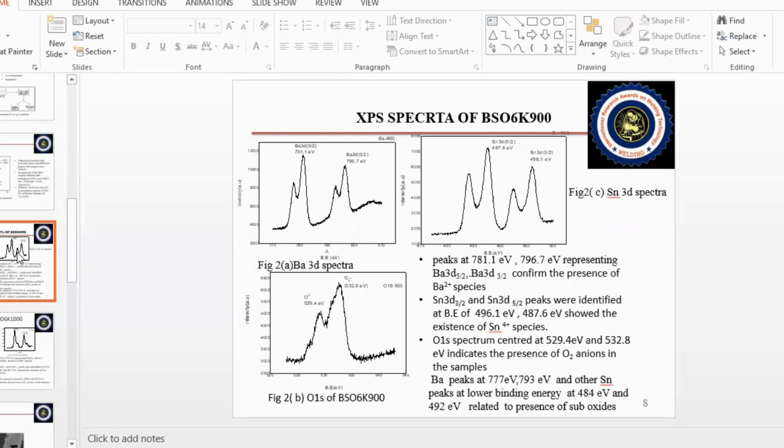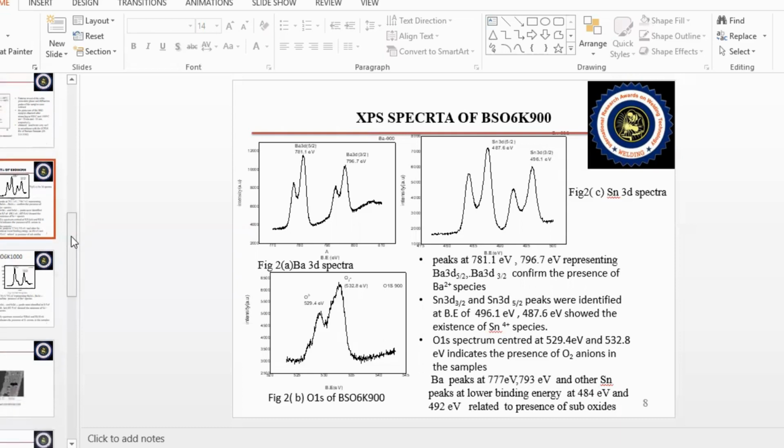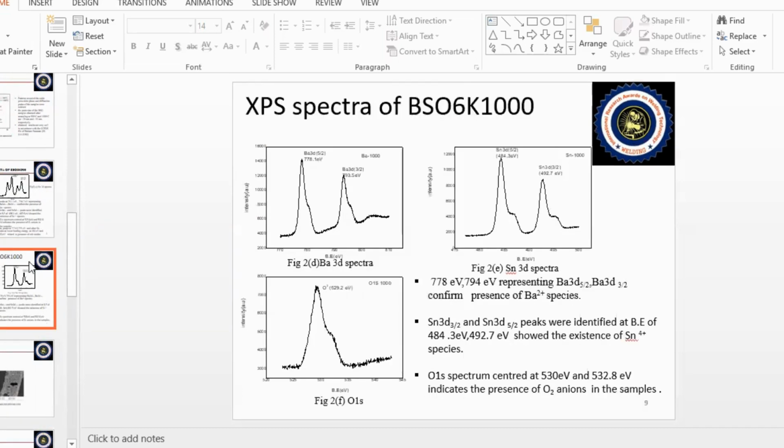The O1s spectrum centered at 529.4 eV and 532.8 eV indicates the presence of O2- anions in the samples. The Ba peaks at 771 eV, 793 eV, and other tin peaks at lower binding energy at 484 eV and 492 eV related to the presence of suboxides.